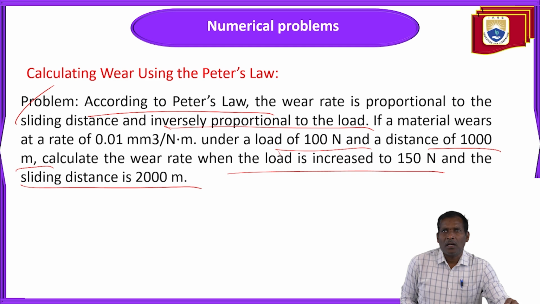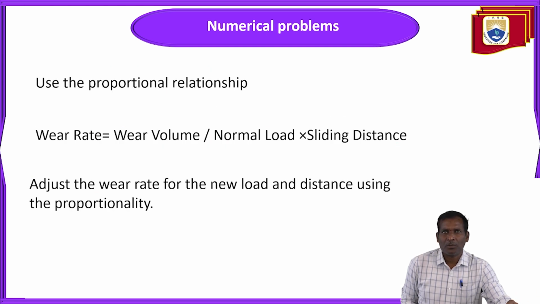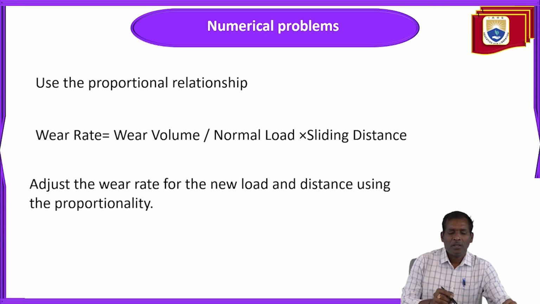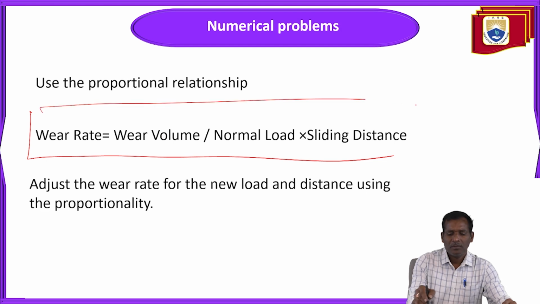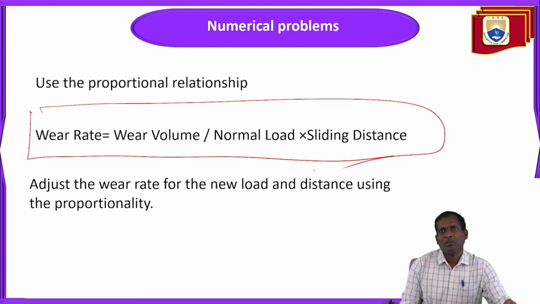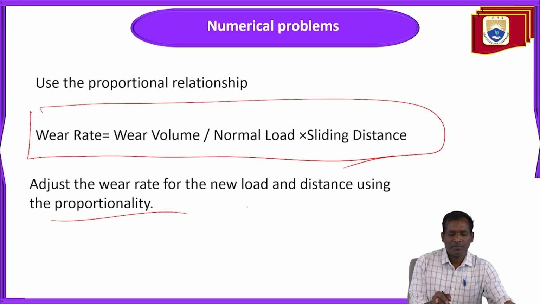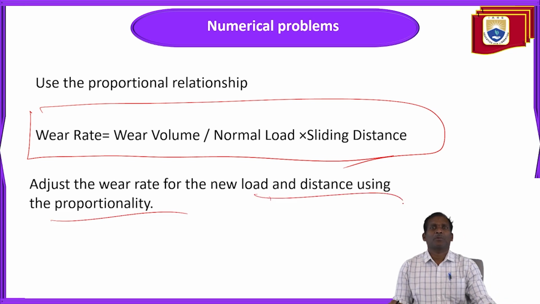So according to this law, the wear rate is proportional to the sliding distance and inversely proportional to the load. So use the proportional relationship. The wear rate is equal to wear volume upon normal load multiplied with sliding distance. Adjust the wear rate for the new load and distance using the proportionality.